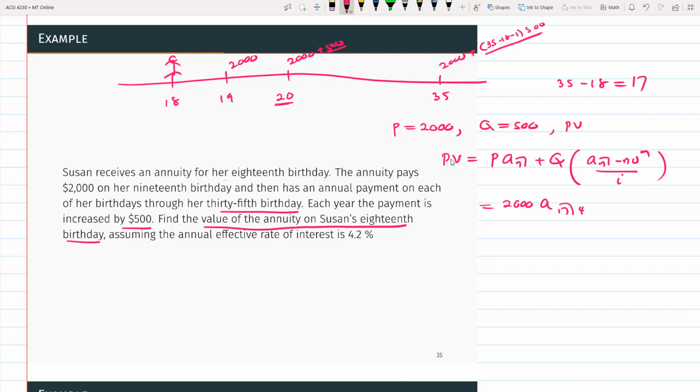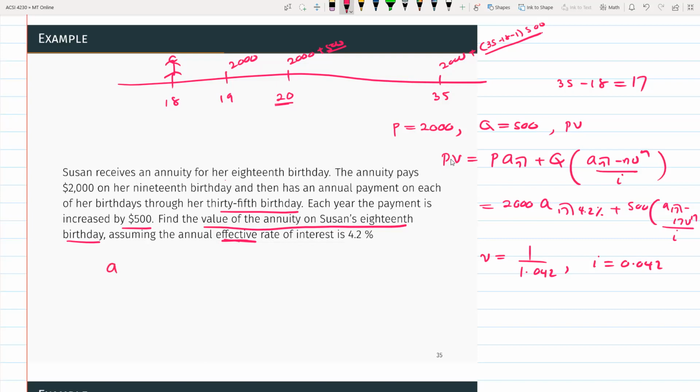And the rate is 4.2, it's effective. Remember that. The Q is 500. It is A17 minus 17 V^17 over I. And remember, V is 1 over 1.042 and I is 0.042. Okay. So you have all the things you need to calculate this present value.